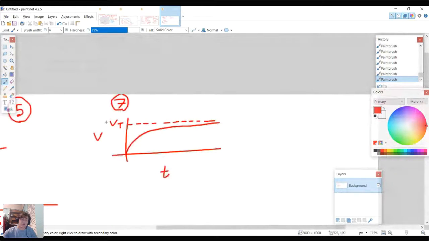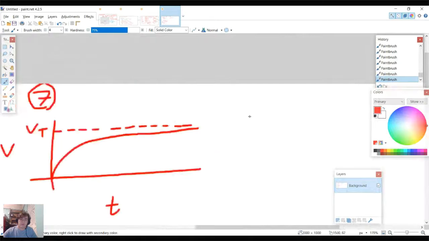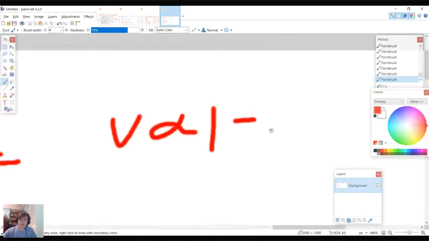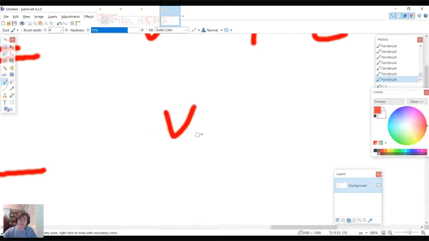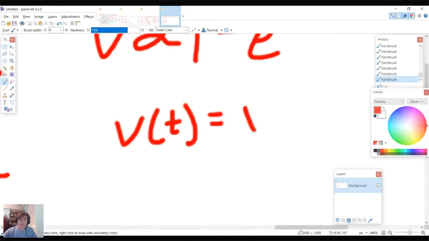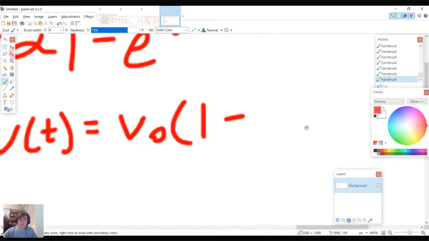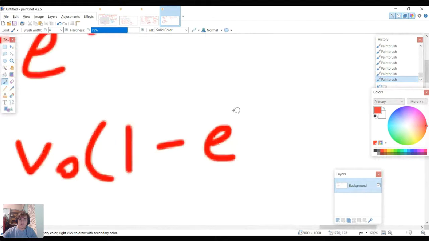And the whole idea here is that this is a proportionality statement. So V is proportional to 1 minus e to the negative t. The actual equation would be velocity as a function of time is equal to the initial speed times 1 minus e to the negative, this is a constant you can solve for, times t.